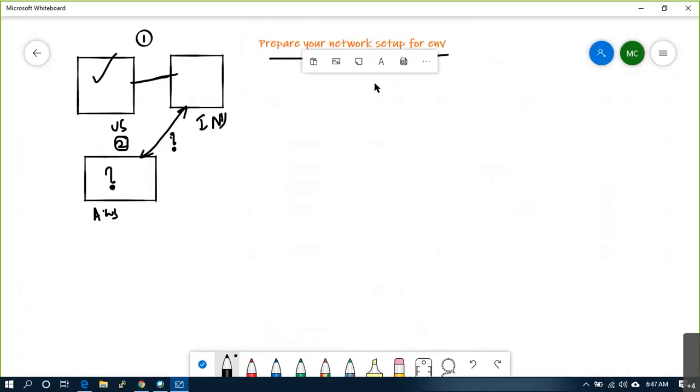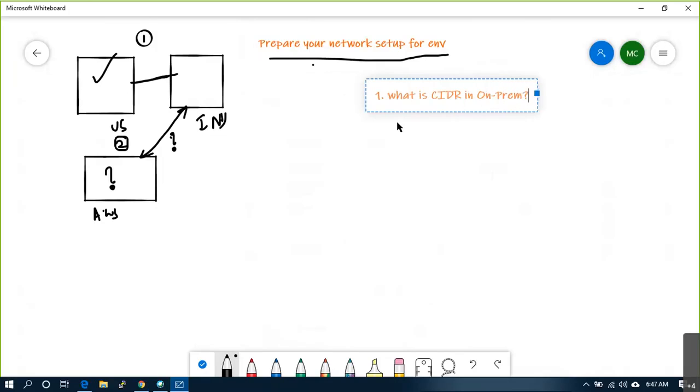So my simple question is, do you understand any of these two questions?